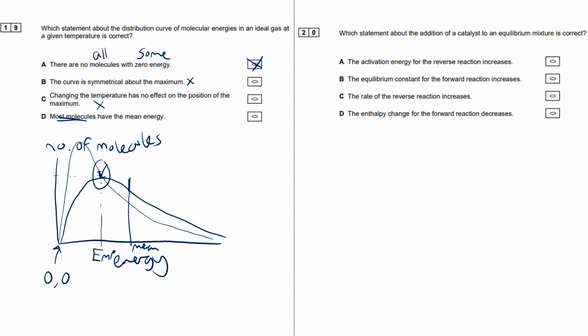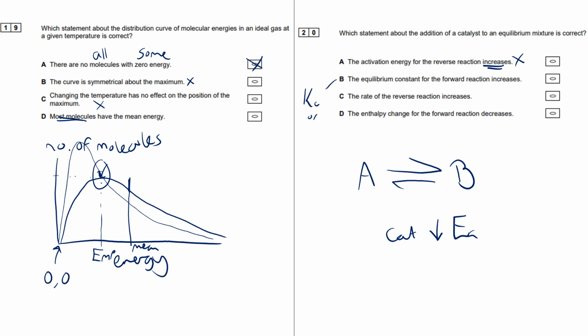Question 20. Which statement about the addition of a catalyst to an equilibrium mixture is correct? Statement A. The activation energy for the reverse reaction increases. So if you've got a catalyst, adding a catalyst will lower the activation energy needed. So it doesn't increase, it would decrease. Does the equilibrium constant for the forward reaction increase? The equilibrium constant is K, so Kc or Kp you've come across.